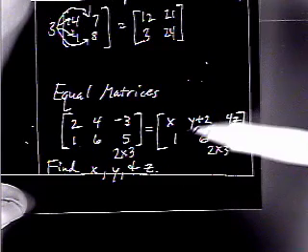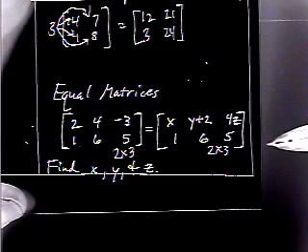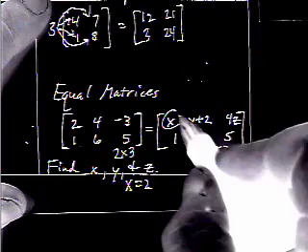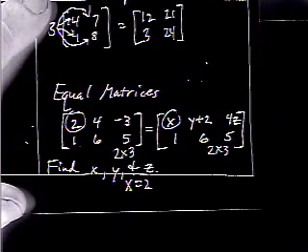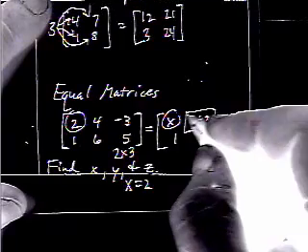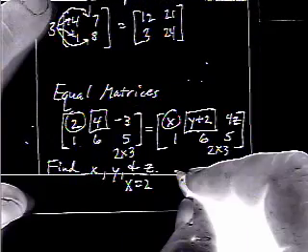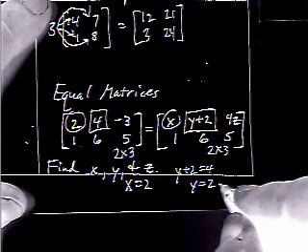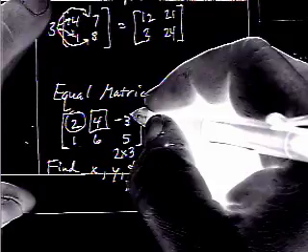Well, I want to find x, y, and z. I've been told that these 2 are equal matrices. If that's the case, then x must be 2, right? Corresponding entries have to be the same. y plus 2 also has to be equal to 4. So I can solve a small little equation in order to find out the y value is 2.